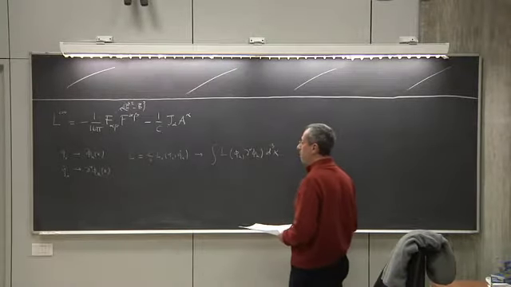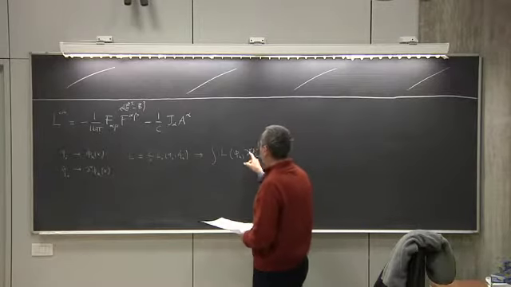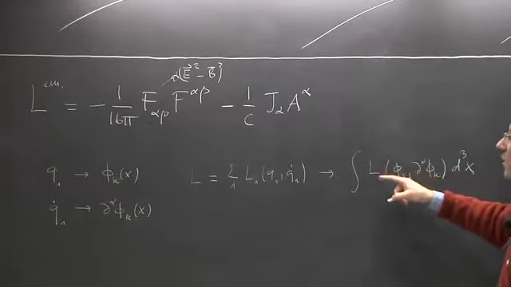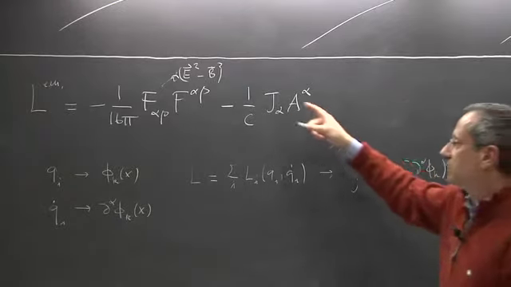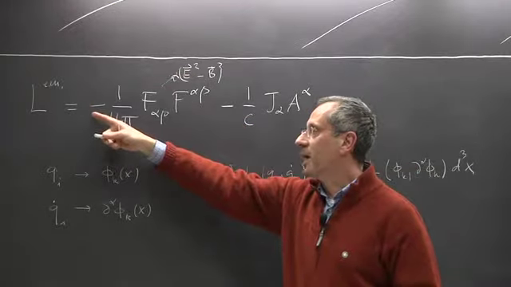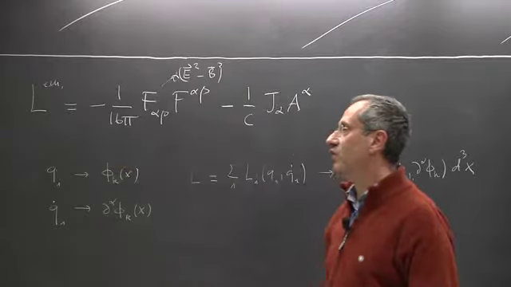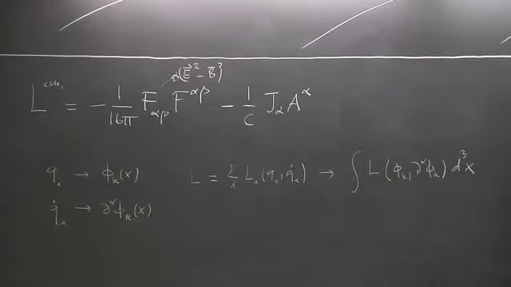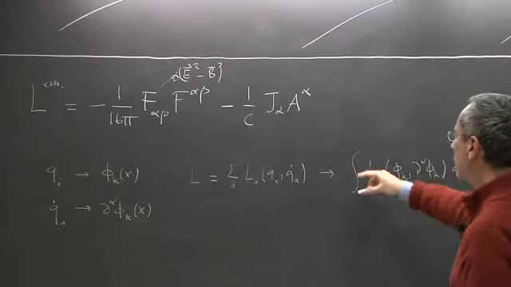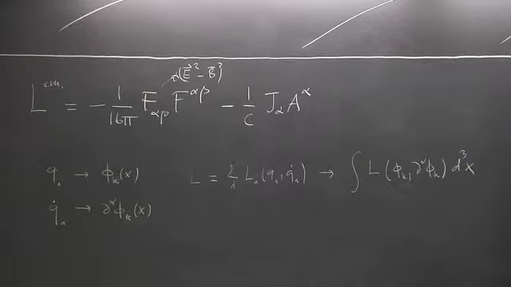Okay? So really it's not the Lagrangian that you put here, it's called a Lagrangian density, so I should be more precise and say this is the Lagrangian density for the field. Then when you integrate over the volume, you get what you call the Lagrangian.